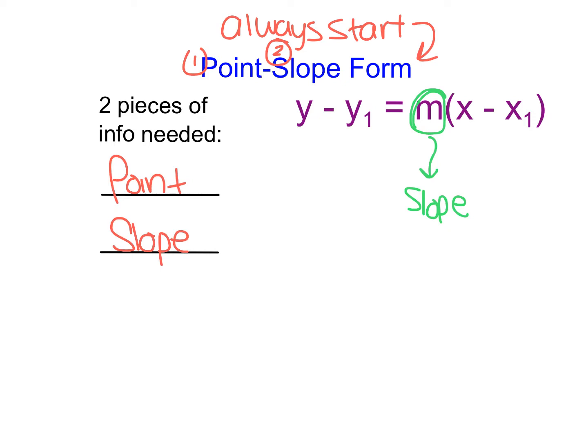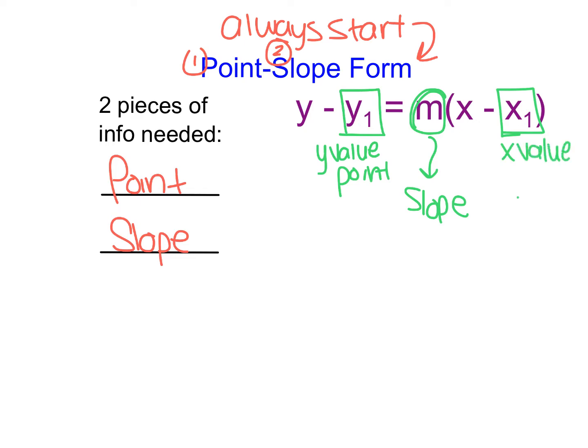Then from here you see Y1 and X1. This means the Y value of the point that you know. And this one represents the X value of the point that we know.